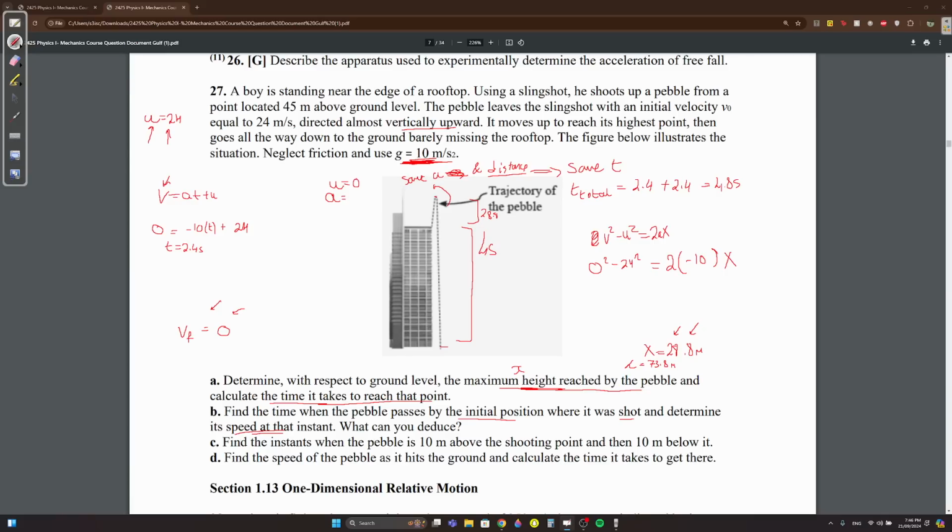We know the acceleration is 10, and the time to reach this point is 2.4. Can we find V if we have A, T, and U? Yes, of course. You substitute the values. V is going to be equal to acceleration, which is 10, times 2.4, plus U, which is 0, which should get you 24 meters per second.